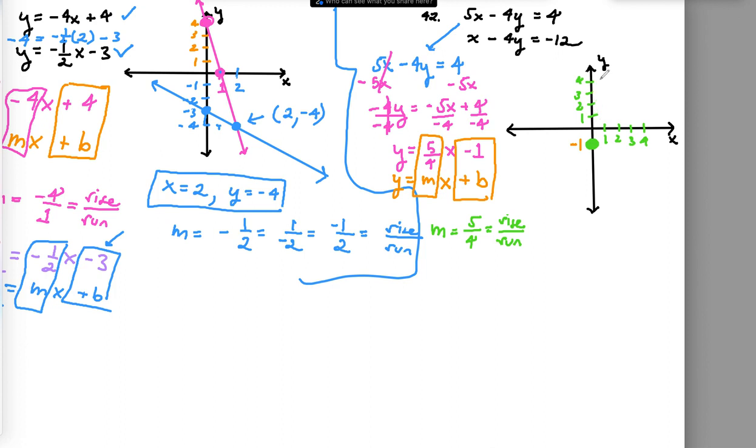And then I run 4: 1, 2, 3, 4. This is another point on my line, and I connect these two points in a straight line right here.